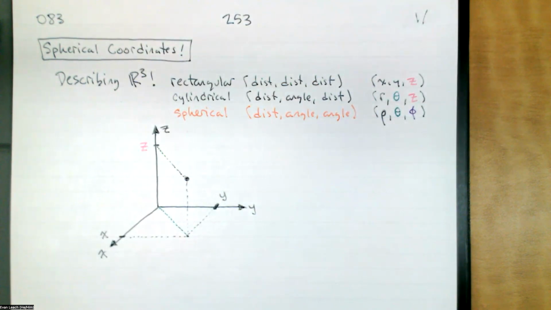So we have these three coordinates, x, y, and z. Just all distances, horizontal, front to back distance, left to right distance, up and down distance. And there's our point x, y, and z.